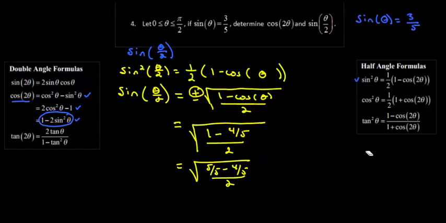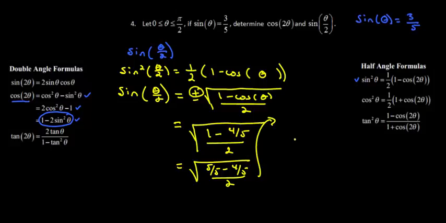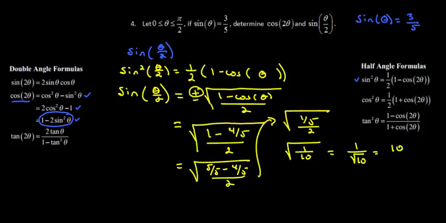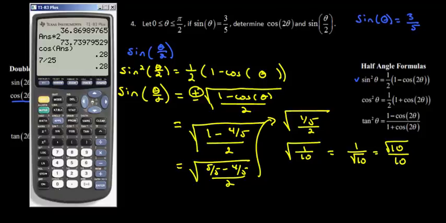I'm going to erase this for some more room. So this is going to be the square root of 1 over 5 divided by 2, which is the square root of 1 over 10, which is 1 over the square root of 10, or square root of 10 over 10. So let's check that answer out. We already know the angle we're looking at.